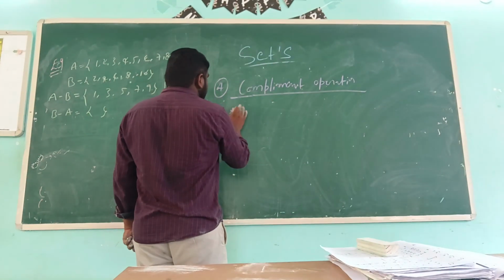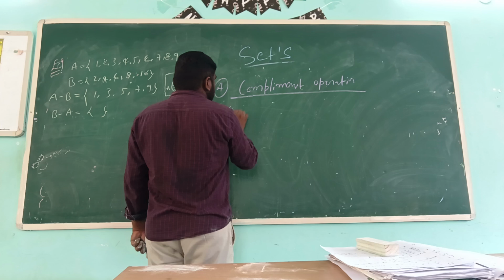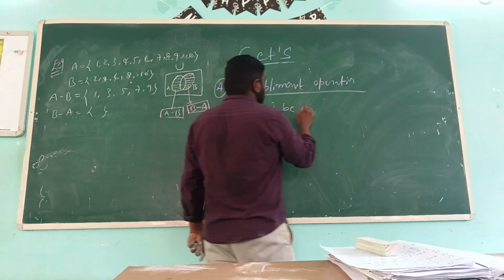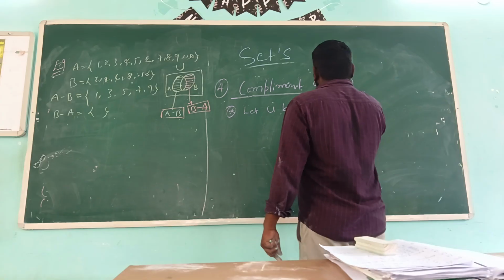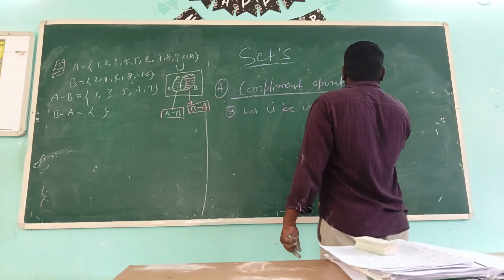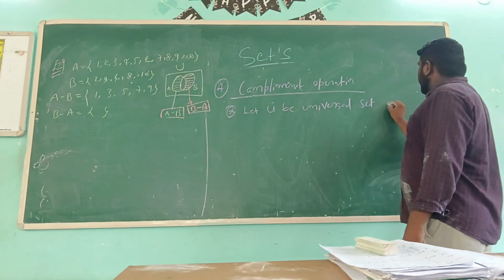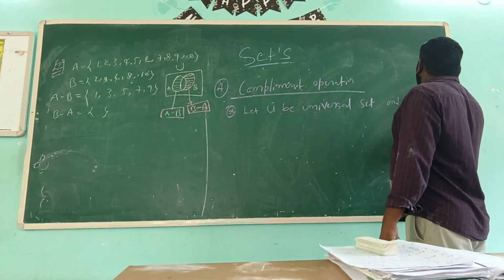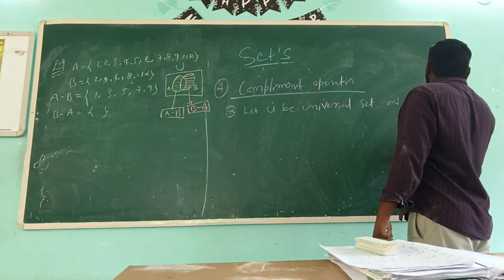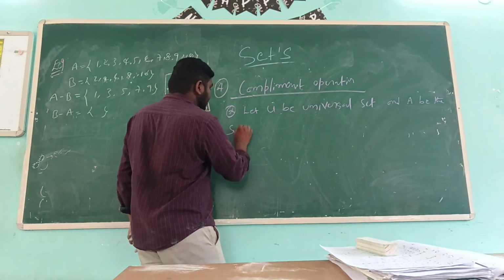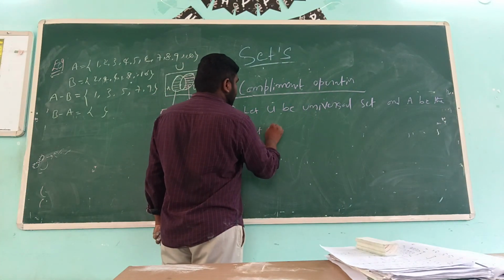First, let U be the universal set. Let U be the universal set and capital A be a subset of U.